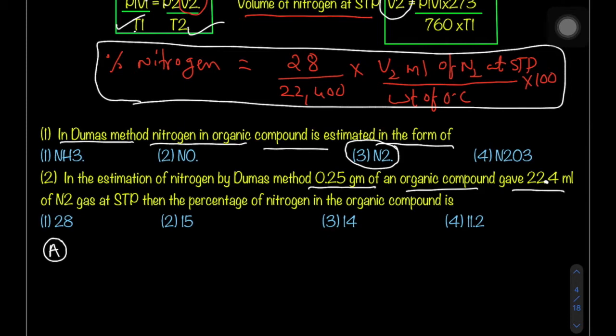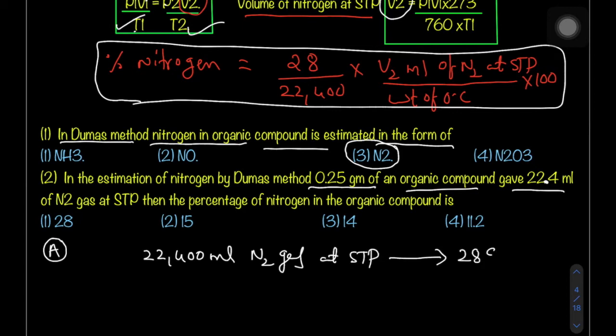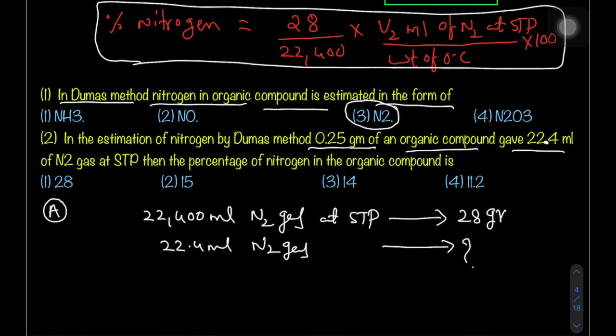Now, 22.4 ml of nitrogen at STP condition is given by 0.25 grams of an organic compound. Just now I told you, 22,400 milliliter of dinitrogen gas at STP condition weighs how much? 28 grams. Now the given volume, 22.4 ml of nitrogen gas, has how much weight?